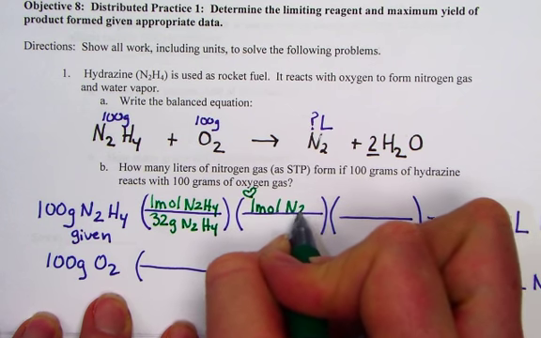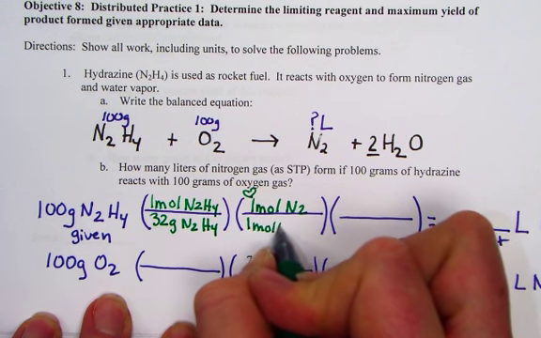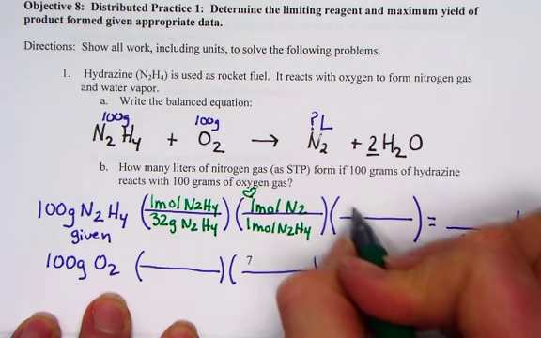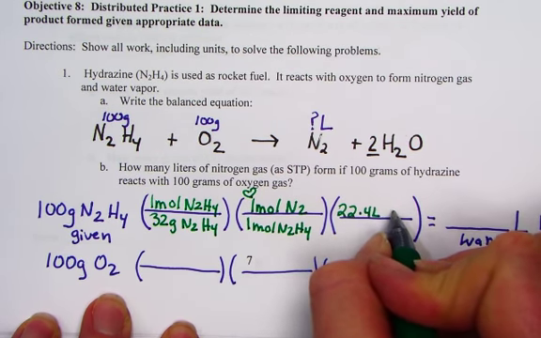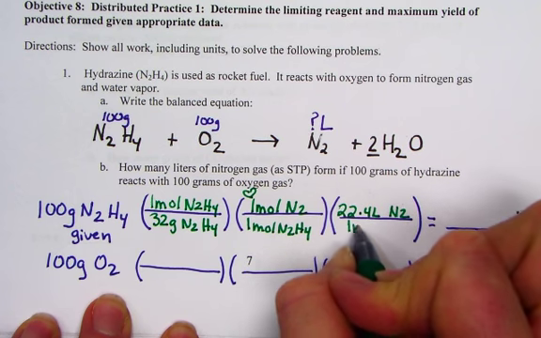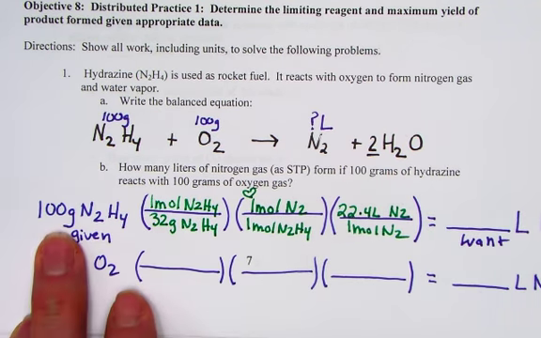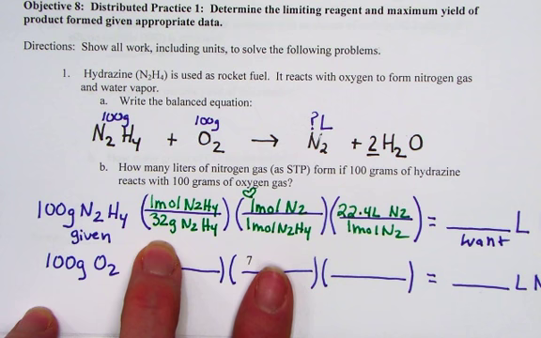For every 1 mole of N2, our want, we start with 1 mole of N2H4, our given. We know to land at a liter unit, we use molar volume, 22.4 liters of nitrogen for every 1 mole of nitrogen. We'll hit 100 divided by 32 times 22.4, and my first answer is 70 liters.